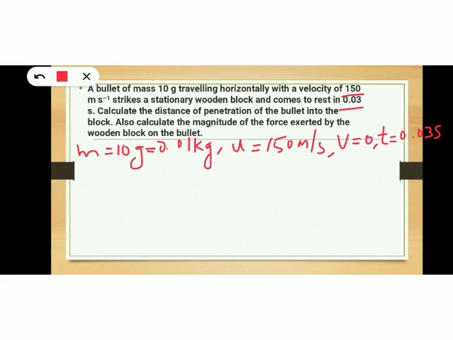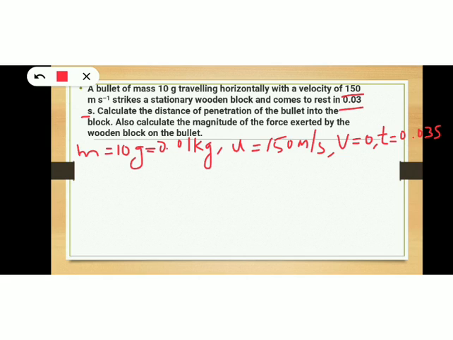Okay, this is the time, and you must find out the distance of penetration. So you must find out the distance using the equations of motion, either using s is equal to ut plus half at square, or through the equation v square minus u square equal to 2as. But for both the equations you require acceleration, right? So acceleration is not given in the question.